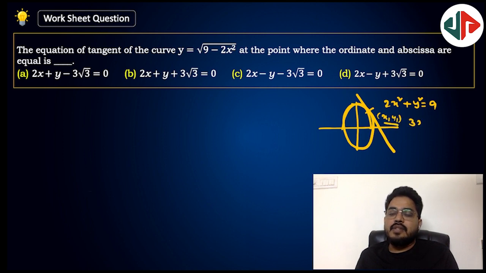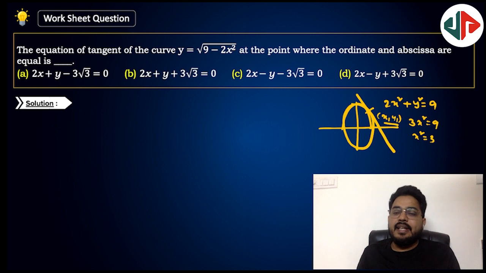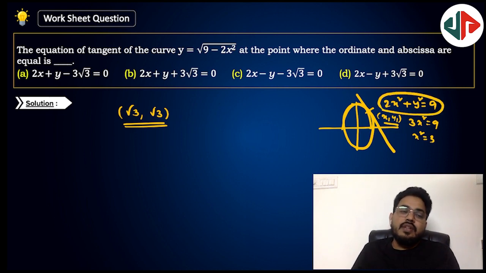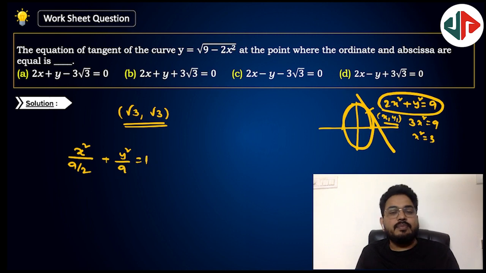So 3x square is equal to 9. x square is equal to 3. So I need to find the tangent at x is equal to root 3, y is equal to root 3. So I need to find a tangent at root 3 comma root 3. So this equation is x square by 9 by 2 plus y square by 9 is equal to 1.